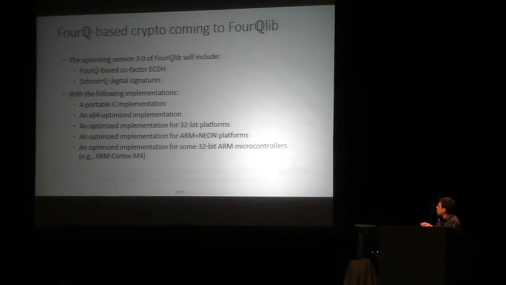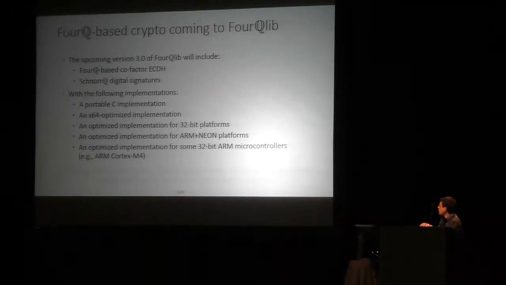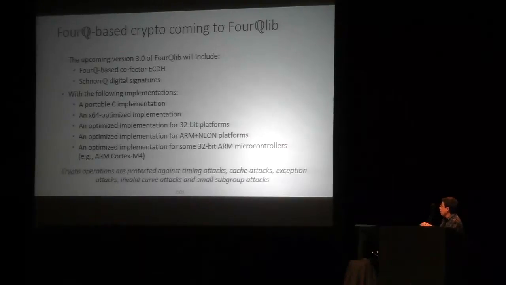For example, we have a portable implementation, an x64 optimized implementation, an optimized implementation for 32-bit platforms, optimized implementation for ARM using NEON, and also for some 32-bit ARM microcontrollers, such as Cortex-M4. And all of the crypto operations in the library are protected against timing attacks, cache attacks, exception attacks, invalid curve attacks, and small group attacks.